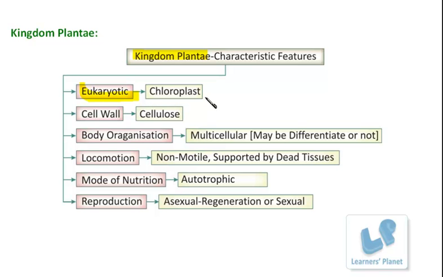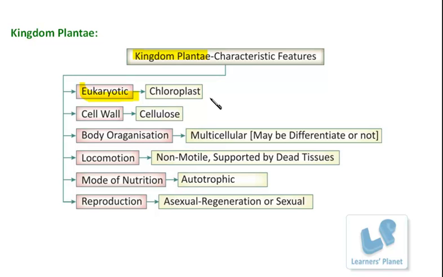Plastids are particular organelles in which there are some pigments, and those pigments provide color to these plastids. They can be of two types: either chromoplast or leucoplast.